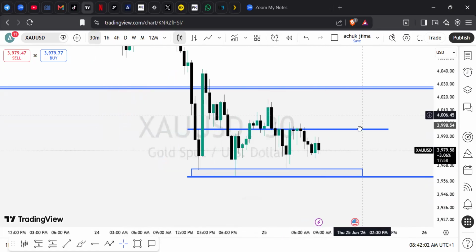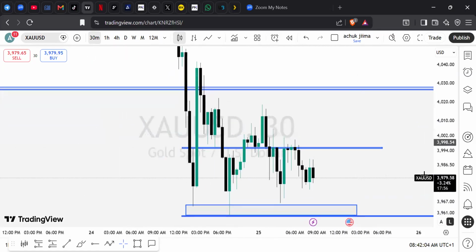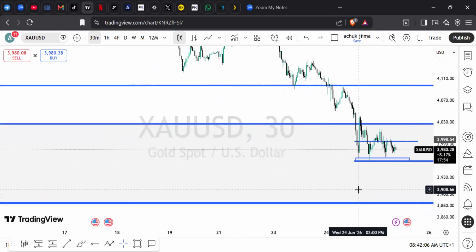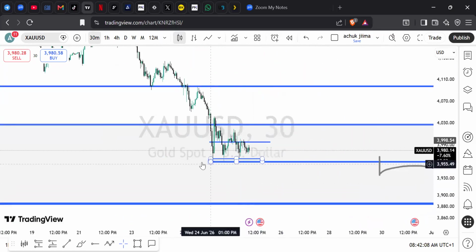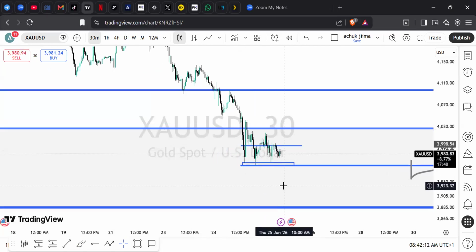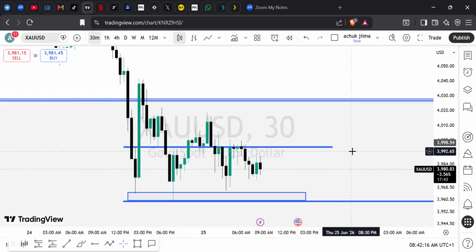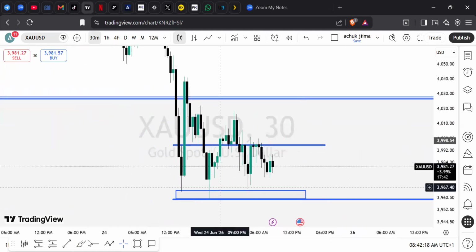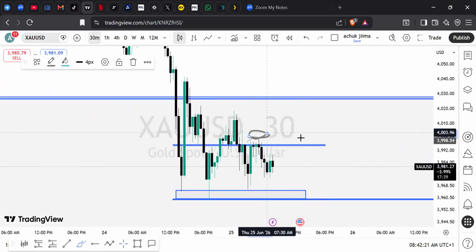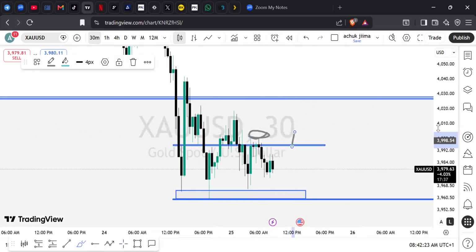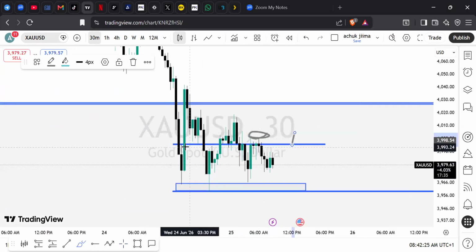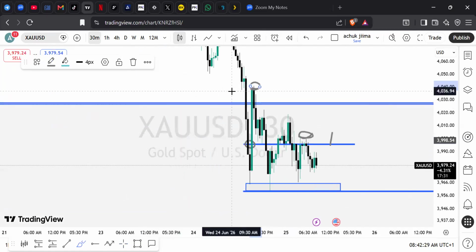Now, the next thing we want to see, since the market has indicated that it is failing to break certain areas like this, is whether it will break highs. The moment it can break highs, and what are those highs? If it can break this high here to the upside, then we can take a chance. Okay, because the first high to be broken is here, and then the market forms a higher high above the zone.